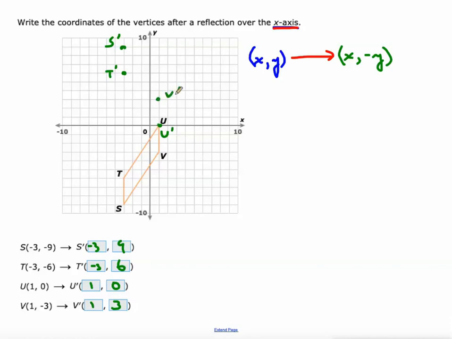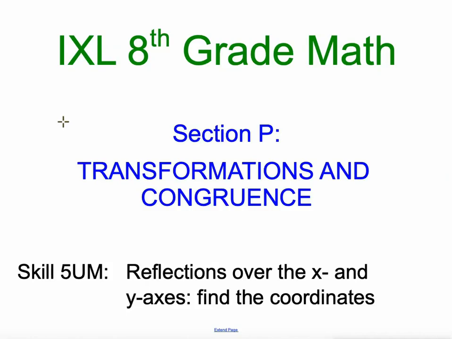There's V prime. Connect those points with some straight lines here. And we'll go S prime to T prime to U prime to V prime, and V prime back to S prime. That's the proper reflection over the x-axis. So again, this is concentrating on reflections over the x and y axis.